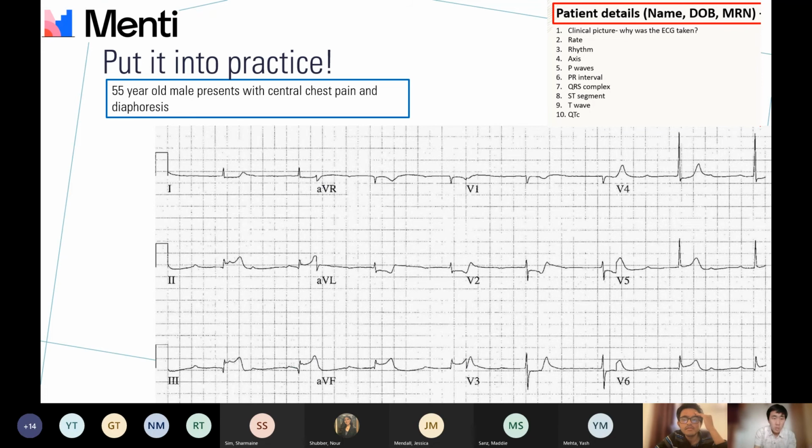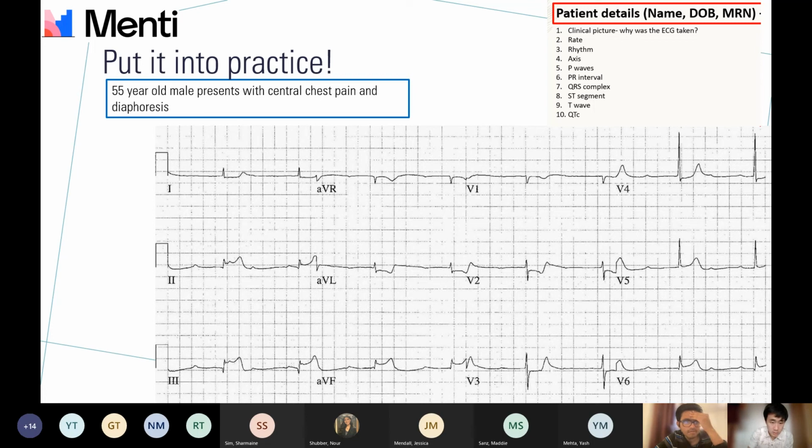Okay, so we've gone through everything I think you need to know about ECGs in a very systematic way. Let's put this into practice. This is an ECG. This is the man. He's a 55-year-old man presenting with central chest pain and diaphoresis. See if you can run from start to end. And let me open up Menti.